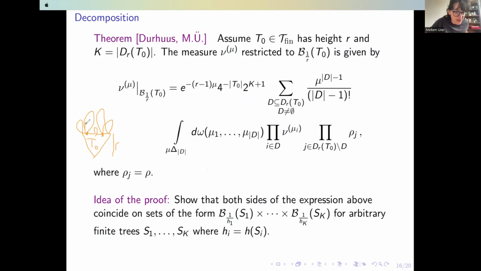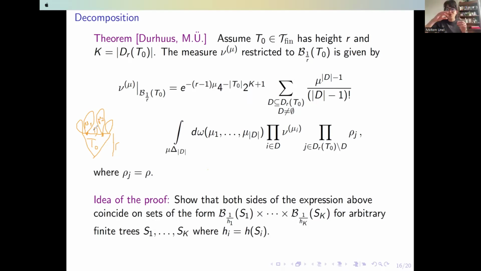So if I have a mu1 here, let's say in this integral I choose mu1 and mu2, just to give the intuition, if I graft the two infinite trees, I have to take mu1 and mu2 such that mu1 plus mu2 is equal to mu.